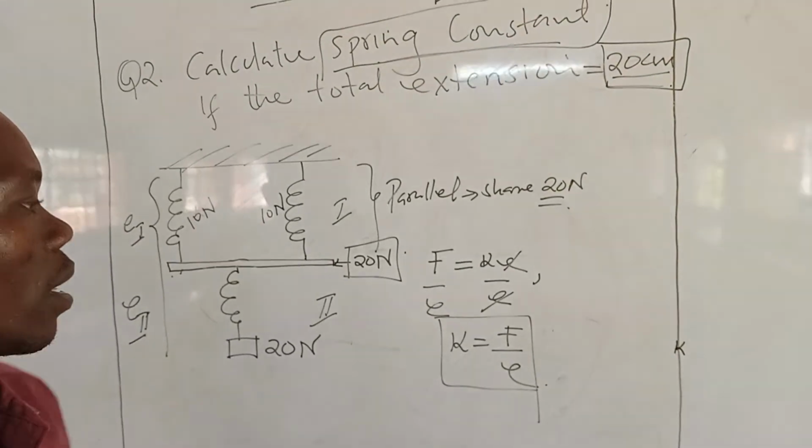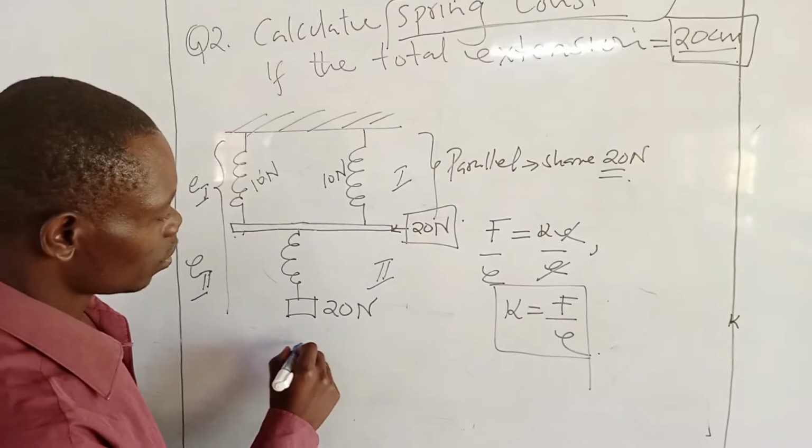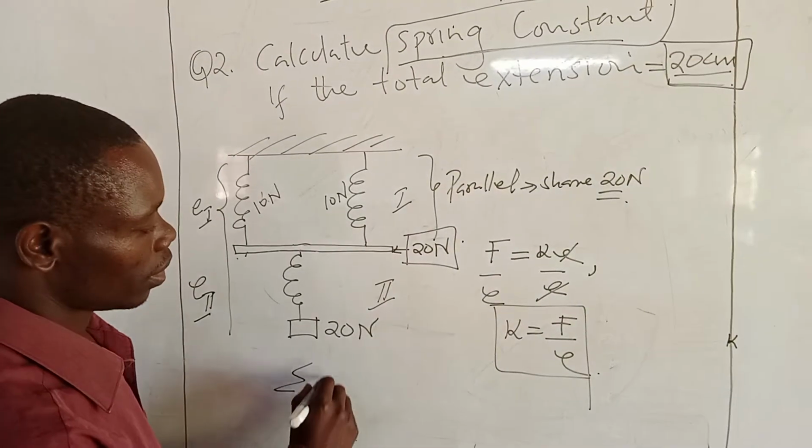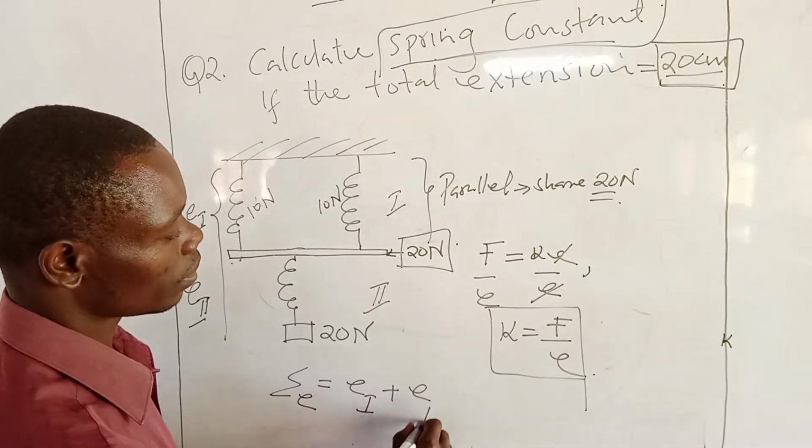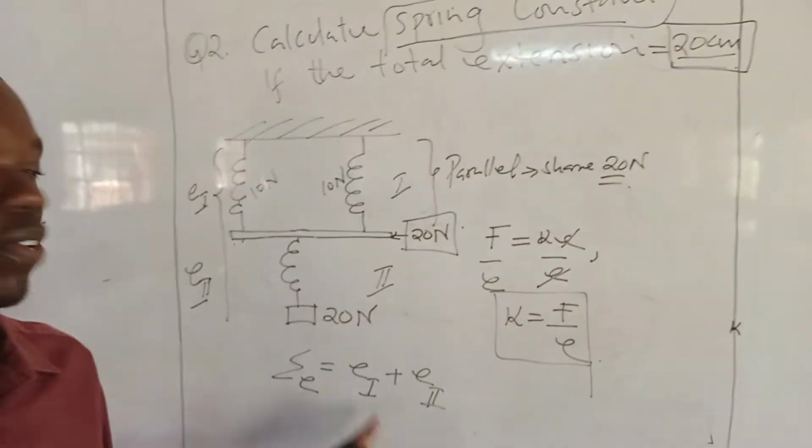Now, from this formula, we can say that total extension is equal to extension in part 1 plus extension in part 2. Very simple.